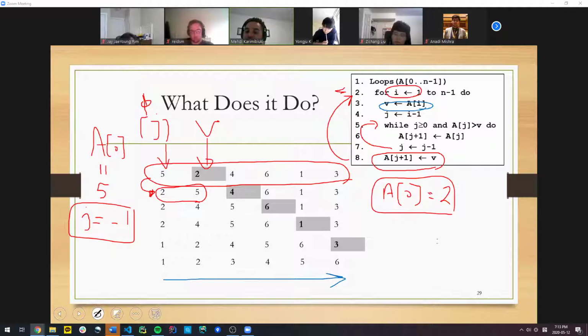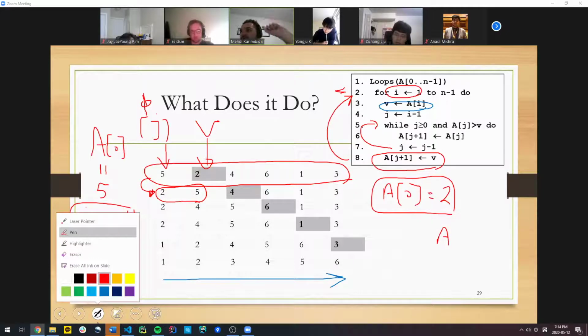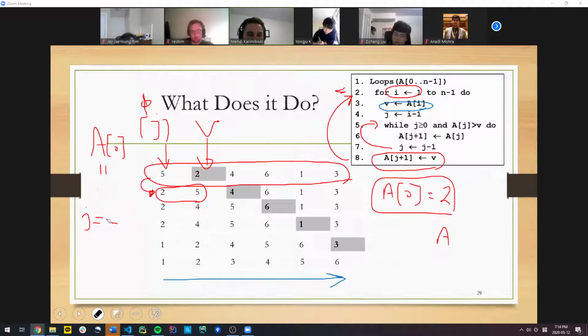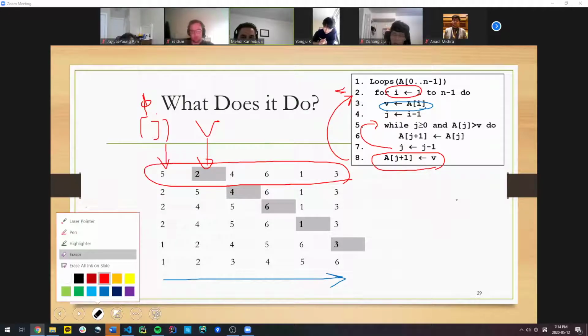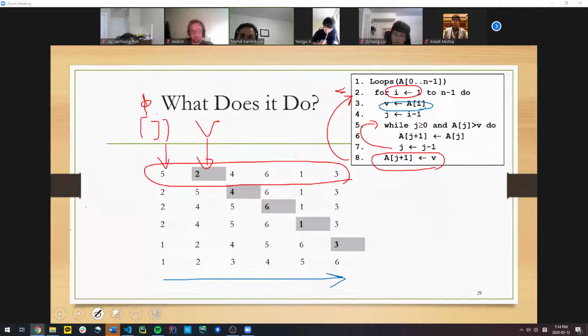So A[2]. I hope you guys are writing this down because I'm kind of erasing and rewriting again. So we put A[2] to V. I'm on the second iteration in that for loop.